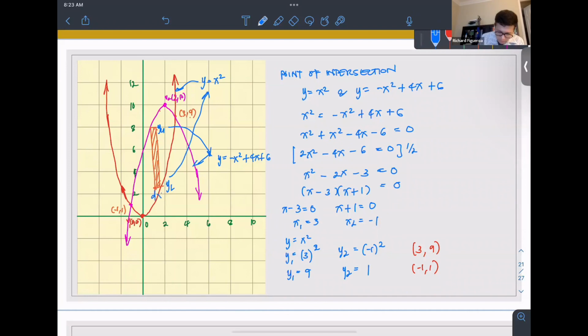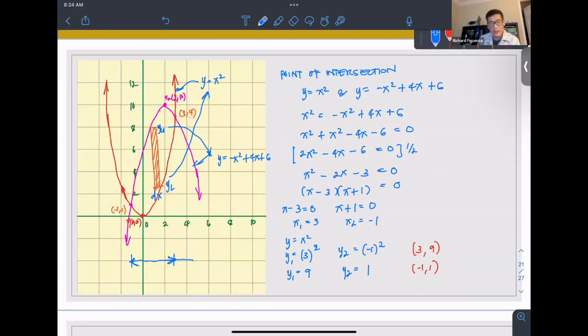And then of course we'll have the dx. So how are we going to get the boundary? The boundary will be here. So that's the dx. We always get the boundary on the points of intersection.